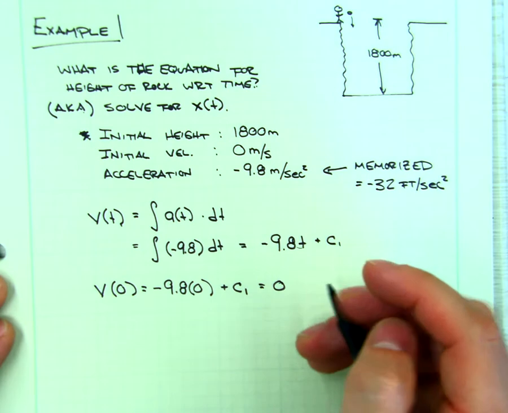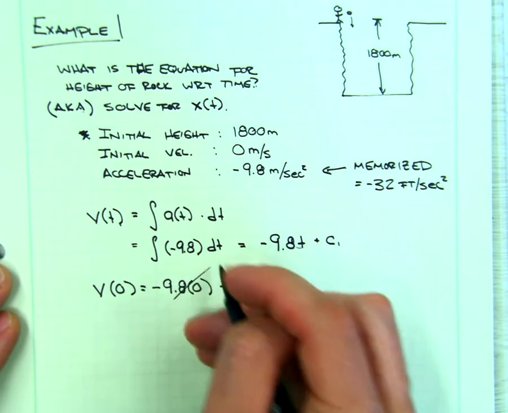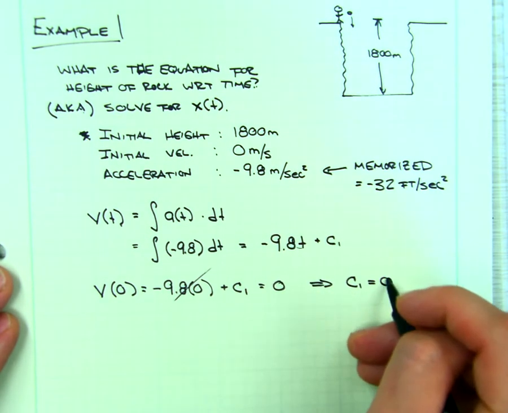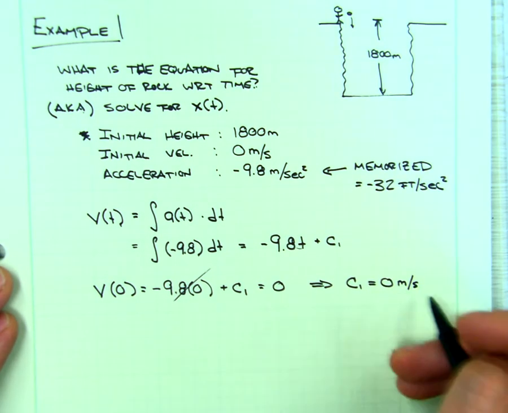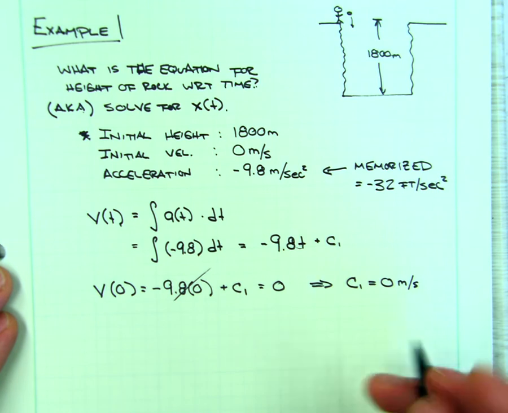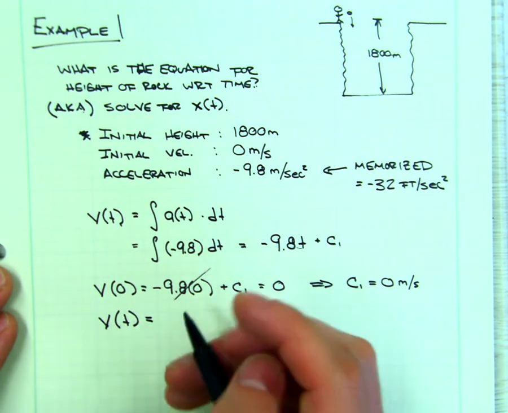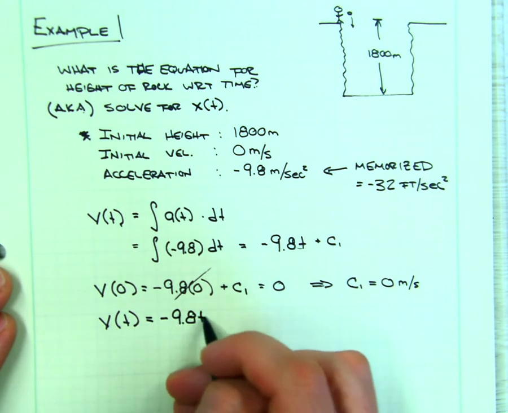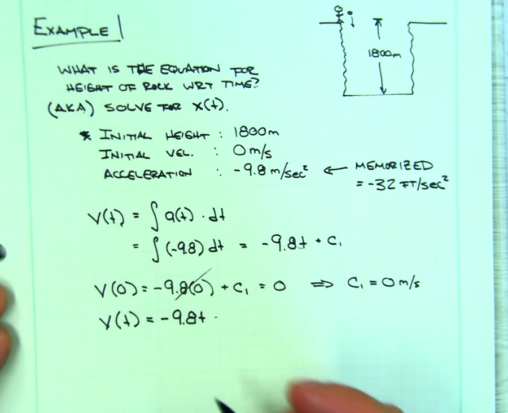We drop the rock. It's not going up, it's not going down, it has an initial velocity of 0. So this goes to 0, and then I notice that C sub 1 is just equal to 0 meters per second. In this case, it's going to be meters per second, which is totally fine. So my V of t, my brand new V of t, is going to be negative 9.8 t, and then plus C sub 1, but I'm just going to ignore that because C sub 1 is 0. So I can just say it's negative 9.8 t.